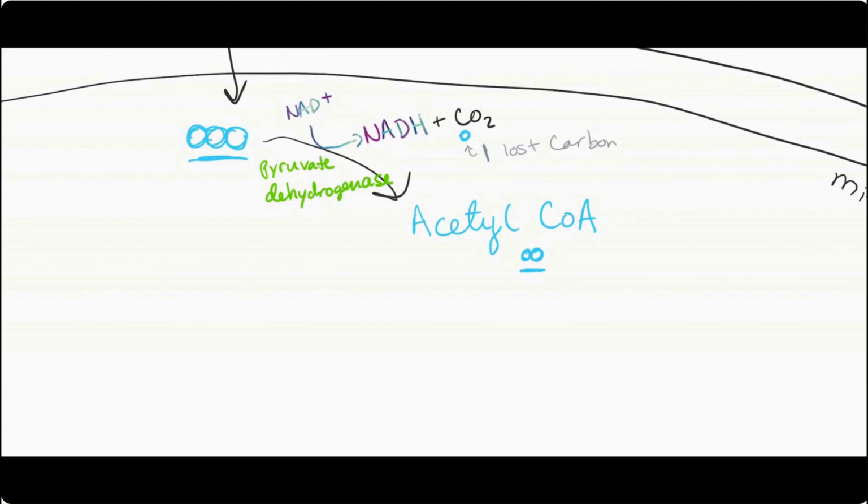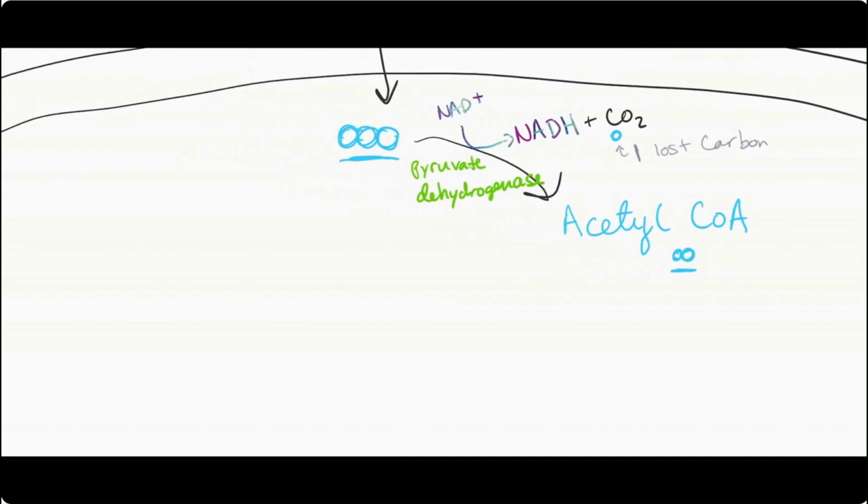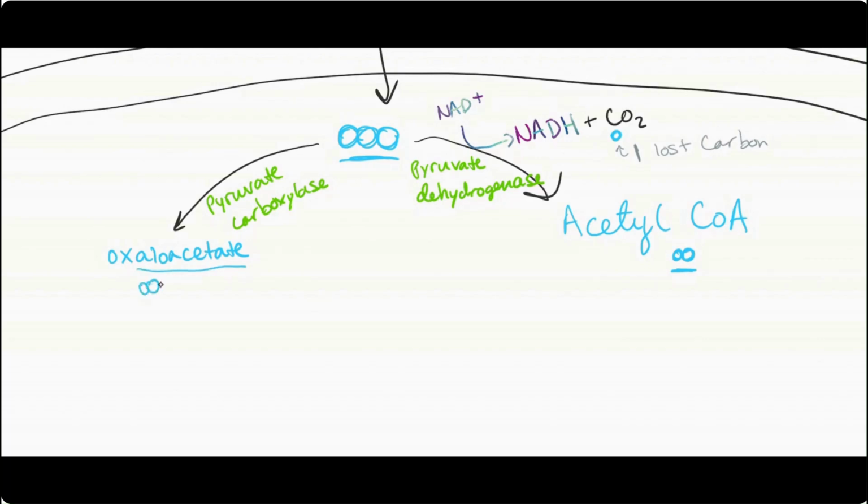The other direction that pyruvate can go when it enters into the mitochondria is it can also go through another non-reversible reaction via pyruvate carboxylase, which converts pyruvate into something called oxaloacetate. This is really important for the cycle. This right here is a 4-carbon molecule. Hence the name of our enzyme.